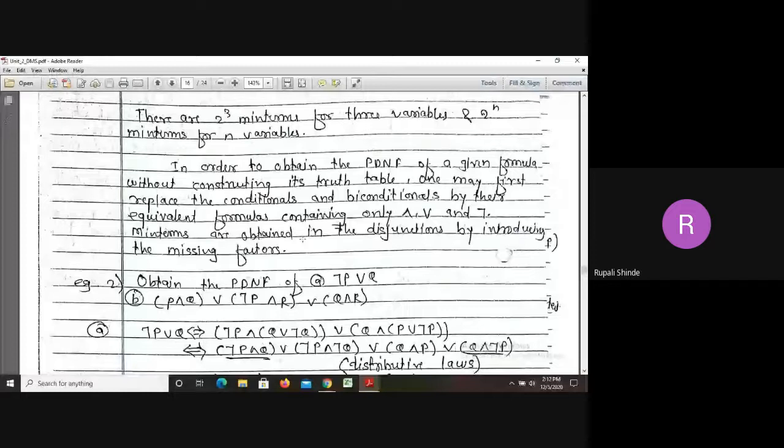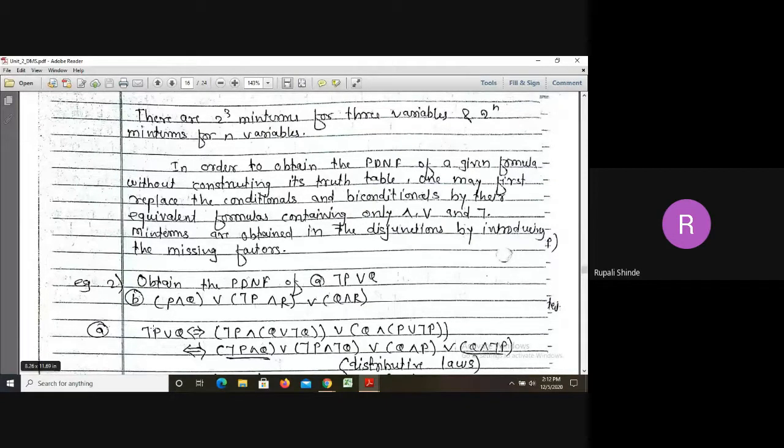Now some examples are given. Obtain the PDNF of negation P or Q, and the second one, P and Q or negation P and Q and R or Q and R. First of all, we will consider the first example, negation P or Q. Here we have to obtain the PDNF without the help of a truth table.